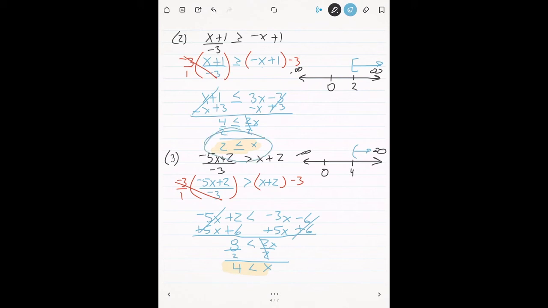It's sometimes difficult to interpret 2 is less than or equal to x. It's difficult to interpret because we read equations and inequalities like we read sentences in English, left to right. It's difficult to interpret an inequality when the variable is on the right-hand side.